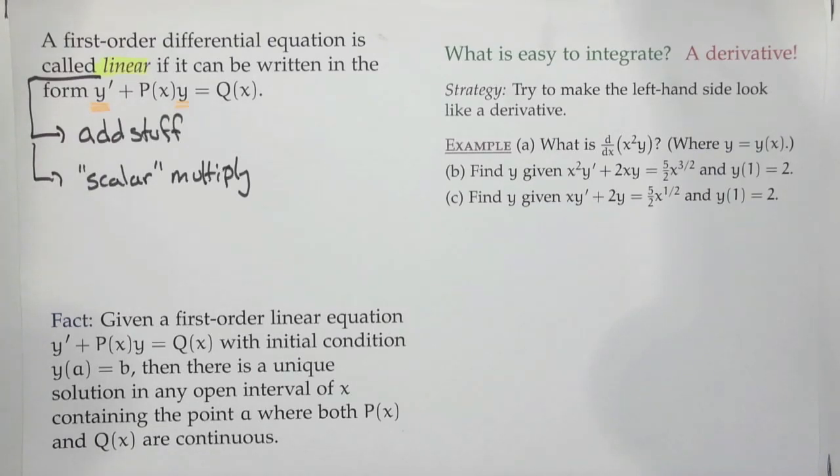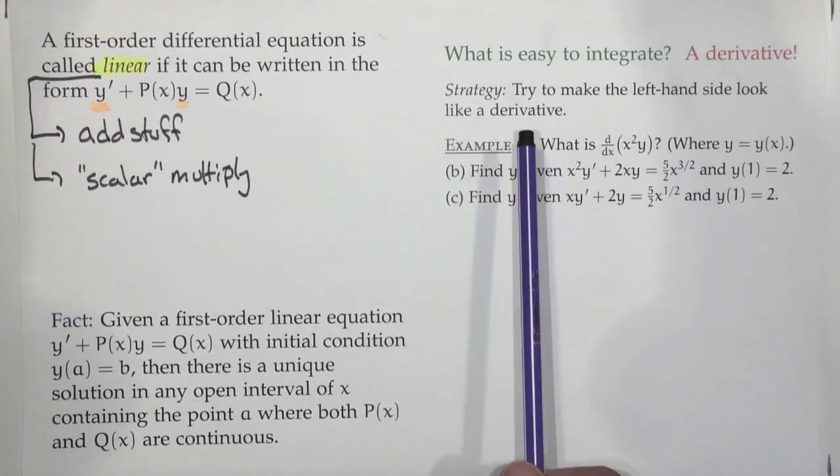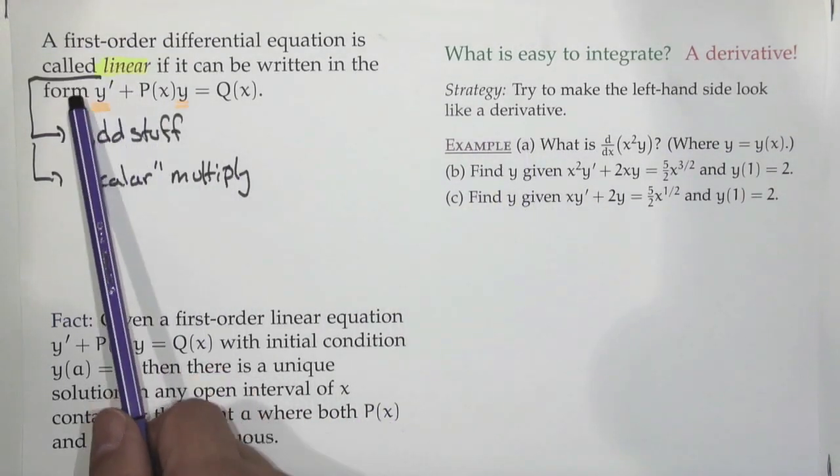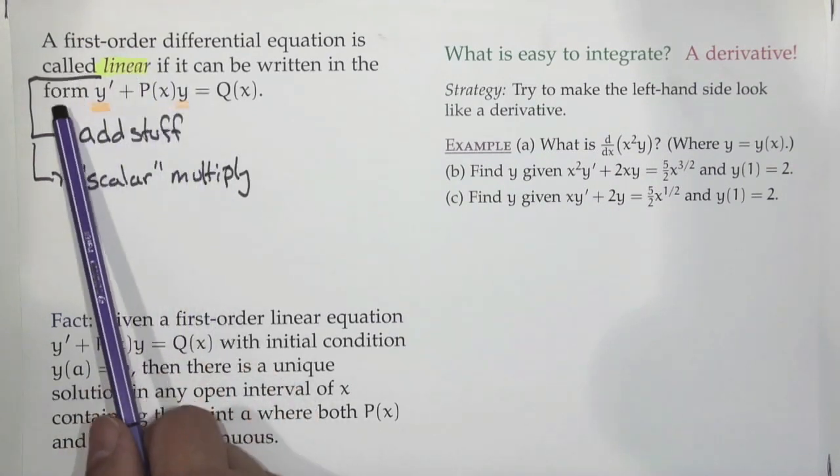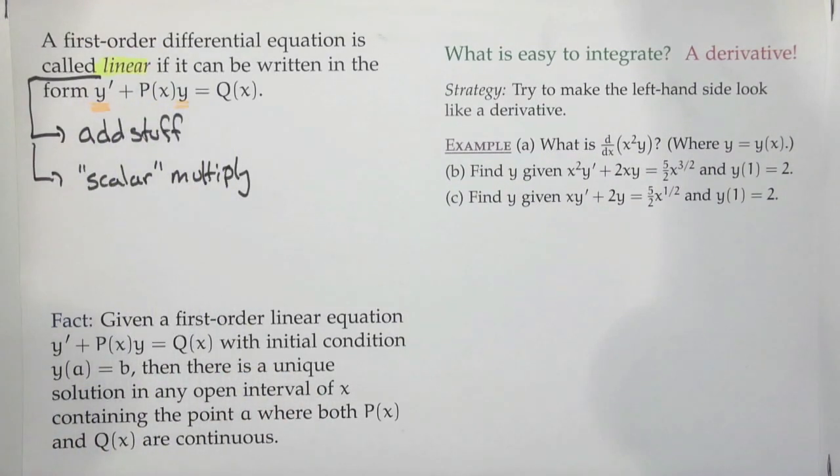Integration, everything works out nicely. Okay, so with this in mind, there's a strategy. It says, hey, you already see a derivative in that y prime part. Maybe this whole left-hand side could look like a derivative. And so that's the overarching theme.